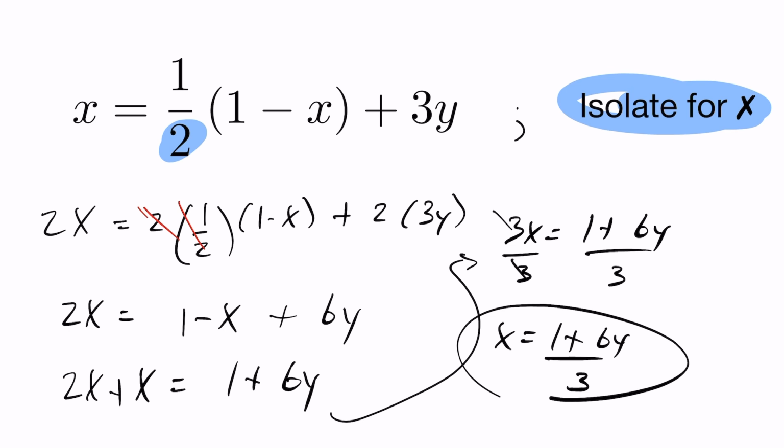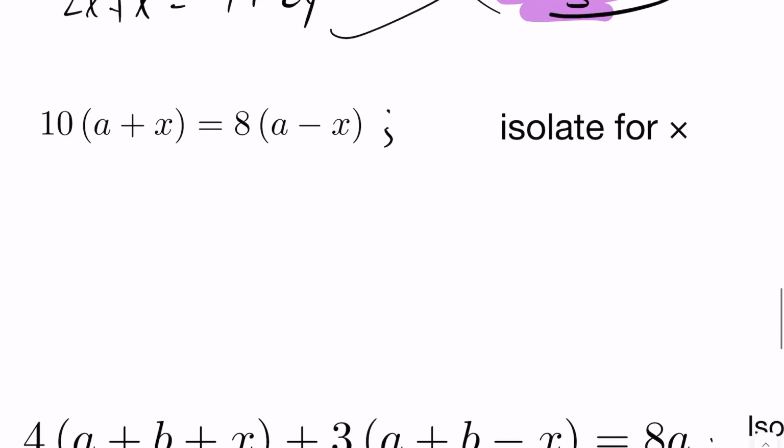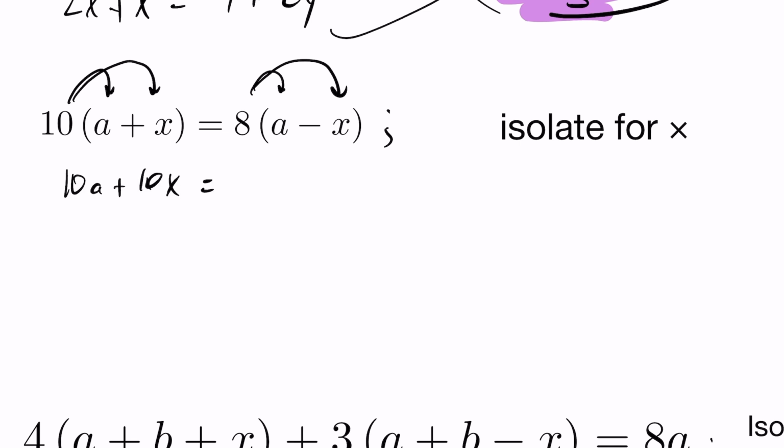All right, let's take a look at another problem. For the next question here, I've got 10 times a plus x equals 8 times a minus x. Again, I'm looking to isolate for x. Once again, we have to distribute this binomial so we can break this apart, in which case I get 10a plus 10x is 8a minus 8x.